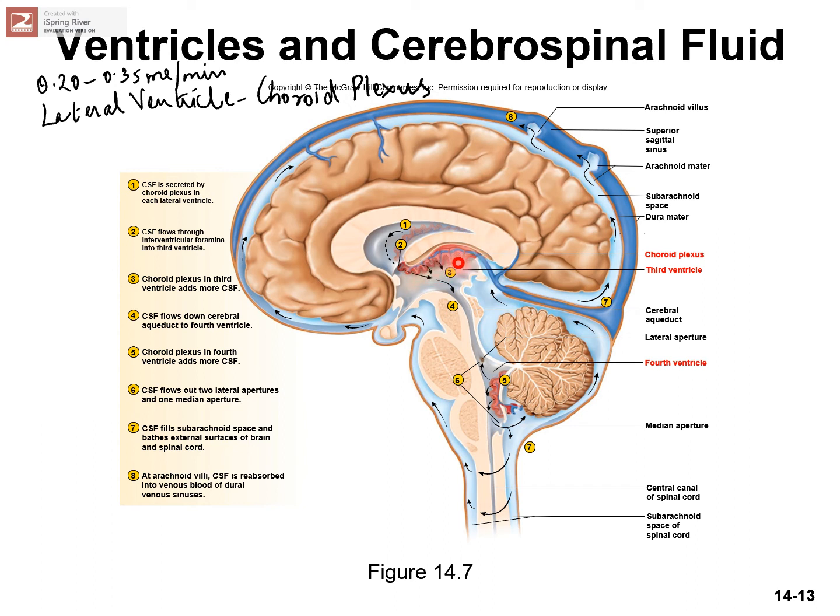So more cerebrospinal fluid is added in the third ventricle, and the cerebrospinal fluid flows down the cerebral aqueduct into the fourth ventricle. The choroid plexus in the fourth ventricle adds more cerebrospinal fluid, and then the cerebrospinal fluid flows out of the lateral and medial apertures, and it circulates back into the brain.